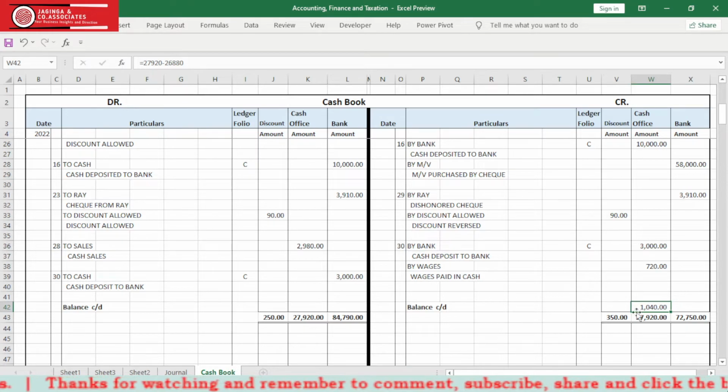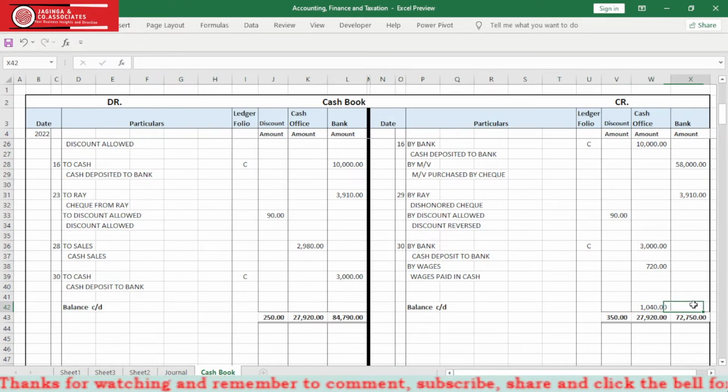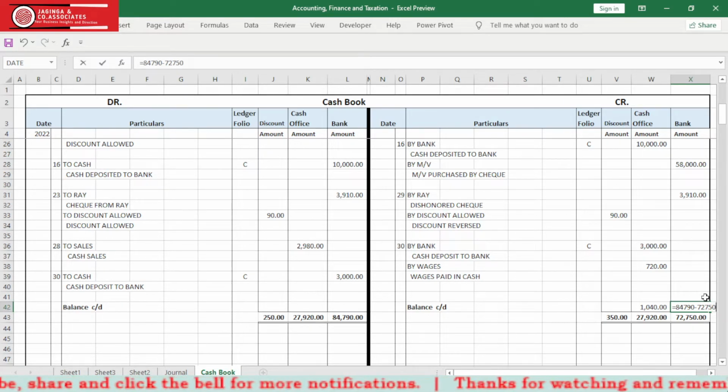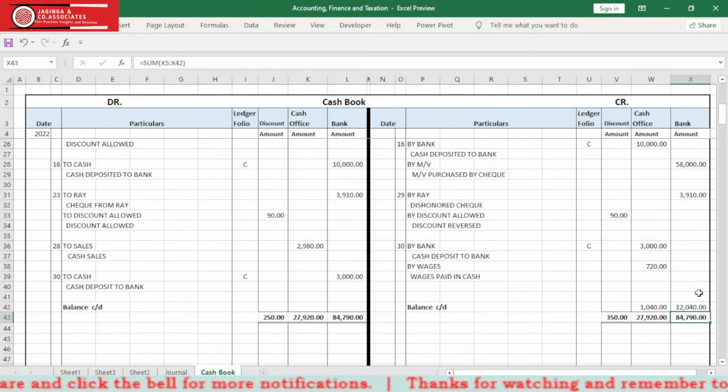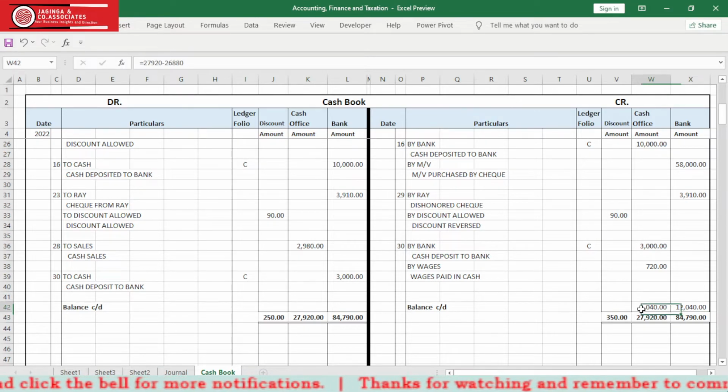So that will be the balance carried down, and then this side will have equal to 84,790 minus 72,750. Okay.